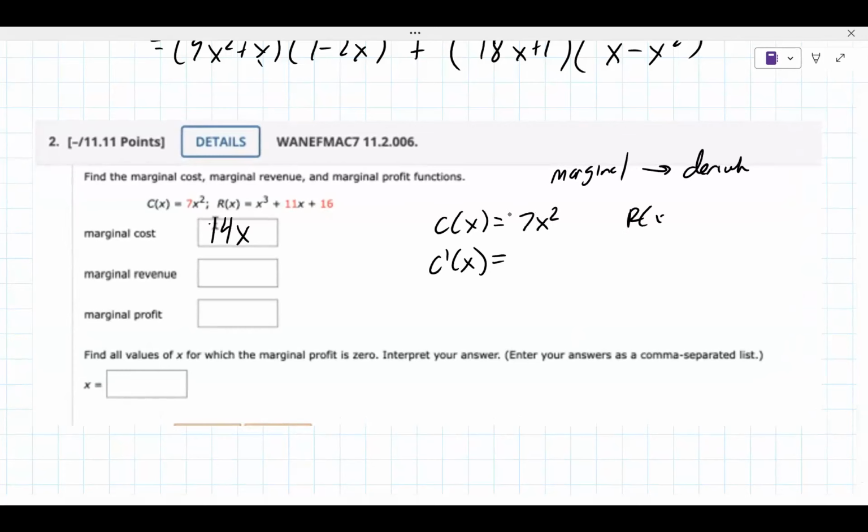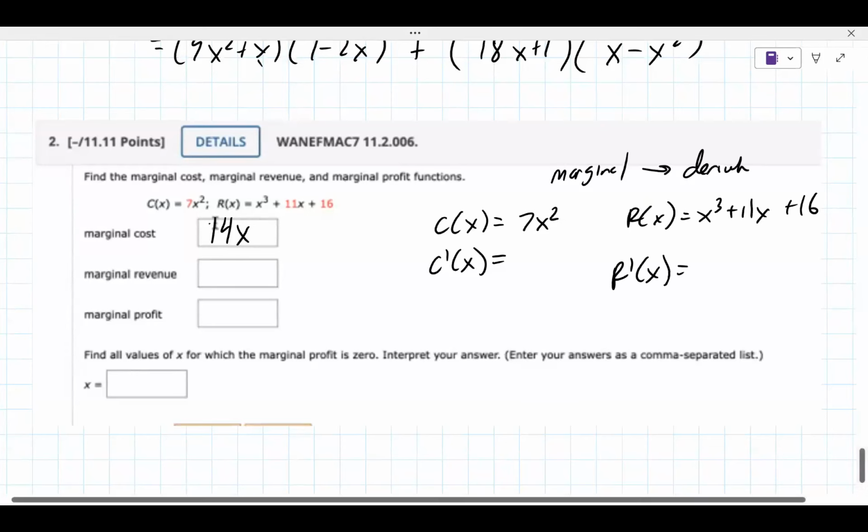Okay. Revenue function is x cubed plus 11x plus 16. Why don't you calculate the derivative of that for us, please? I'll look at the table. That would be on the common derivative sheet, the fourth one, the x to the power of n rule.